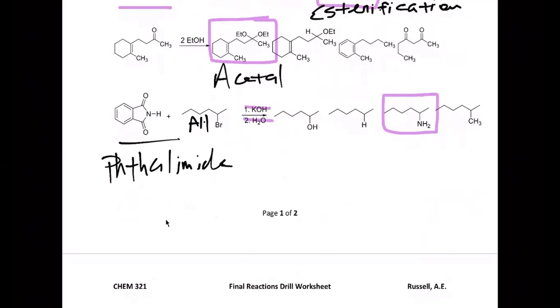Anytime you see phthalate reacting with an alkyl halide, it's a Gabriel synthesis. You should have a flashcard for this, and for acetal and hemiacetal. The handout with all the reactions on it is your guide for making your flashcards.